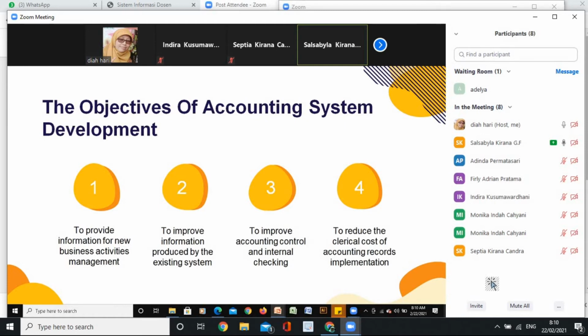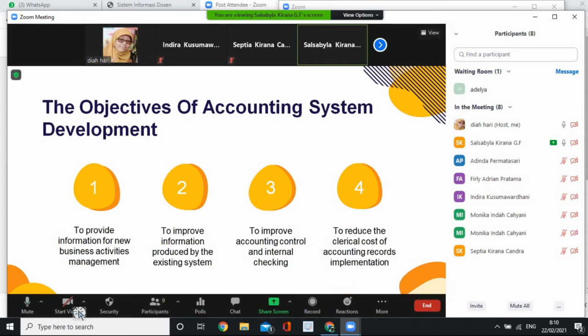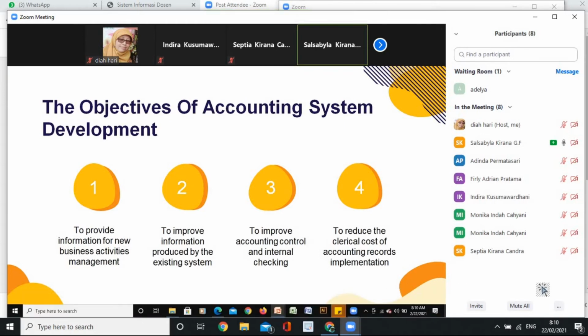Along with the company development, the company also needs to improve their accounting system. So that's why accounting system development is needed, because accounting system can produce better information for the financial statement.